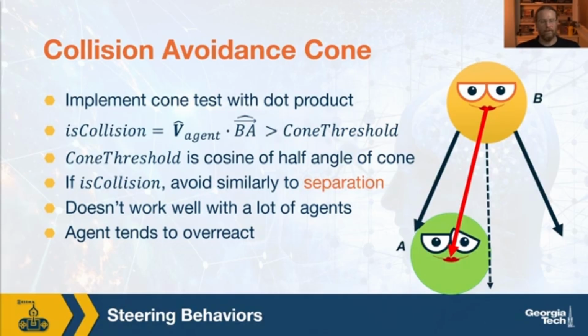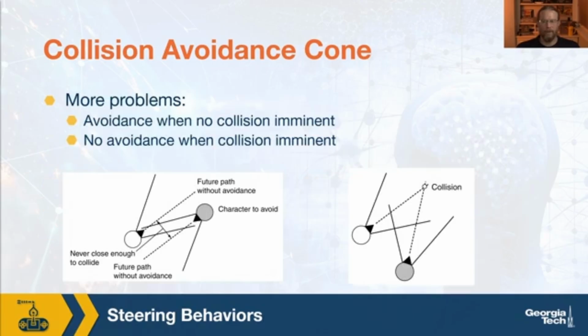You also will see that agents tend to overreact. That's especially apparent in these two figures from the Millington book. And you'll see that based on the cones, you might have the cone angle large enough that two agents could be oncoming, say, walking down a hallway or a sidewalk, and the cone test would say that the agents are in imminent danger of a collision, even though there's actually not going to be one that occurs.